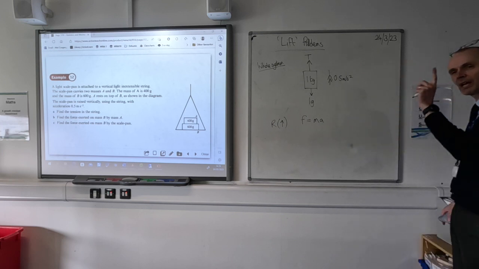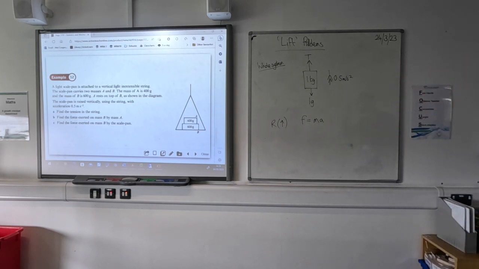So I know the force going up is going to be bigger because it's accelerating up. So it's going to be, and remember, g is a constant, its acceleration due to gravity is 9.8.